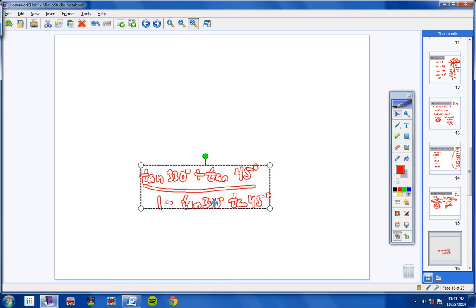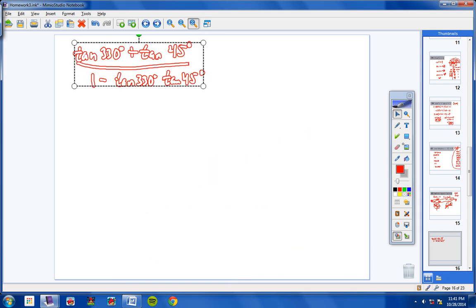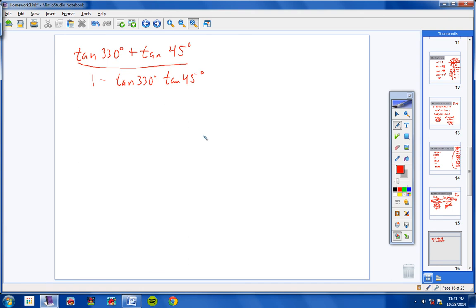Here we go. Alright, so in the numerator we would have tangent of 330 is negative square root of 3 over 3. Now if you're confused how I found that, remember 330 is the same thing as going like this and having left over 30 degrees right here for your reference angle.